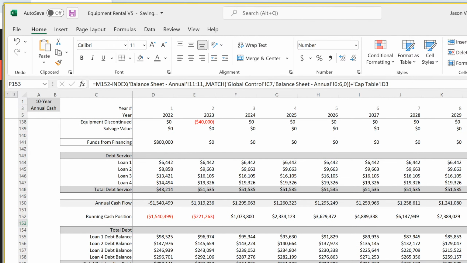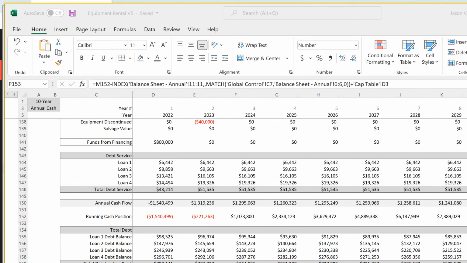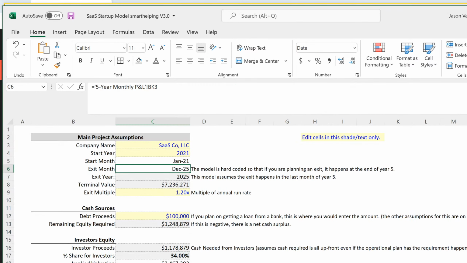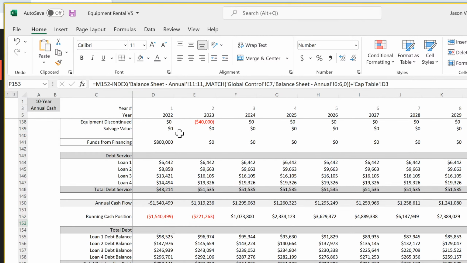Okay, and that's actually something I need to do on this. Let's make sure the SaaS check does that. No, it won't be relevant again, because the exit is always assumed on the last month for the SaaS model. Okay, I think we're good there. Don't save that.